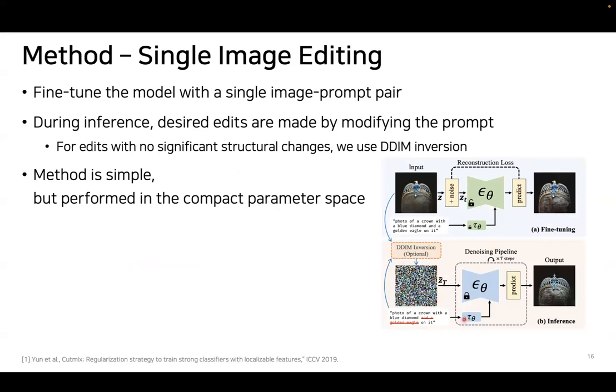When you look at this figure, it is very easy: given the input image and text pair, just fine-tune on this single image, and the DDIM inversion is optional, so we'll skip this, and we edit the text prompt. Then we can edit this image.